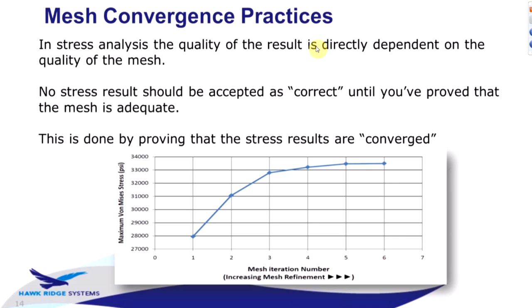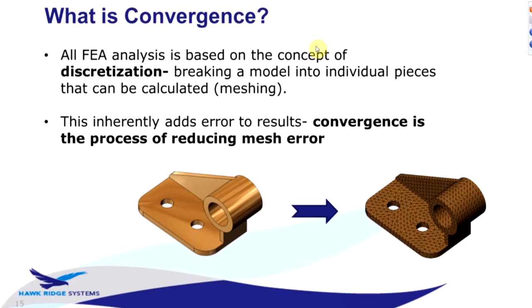A lot of times people don't exactly know what that term means, convergence. Specifically, what we're referring to is the process where, when we create a mesh, we're doing what we call discretization to the original geometry that we've created in SOLIDWORKS or imported from another program. Convergence is basically the process of making that discretization, where we're breaking the model up into those pieces, more and more accurate.